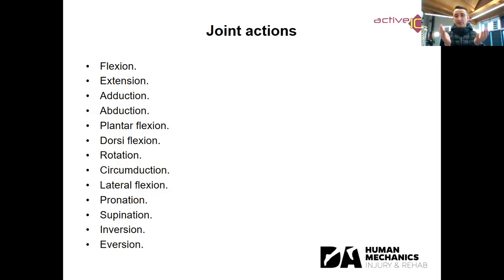Again, only found for now at our wrists. A way for you to remember it, or the way I always remembered it: supination is palms up because that's how you would hold a soup bowl, as daft as that sounds. So hold your soup bowl is supination.